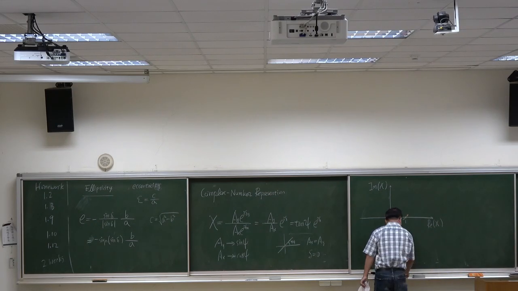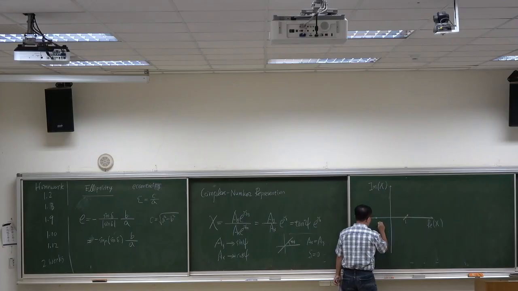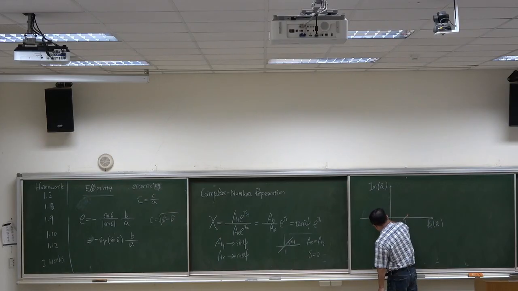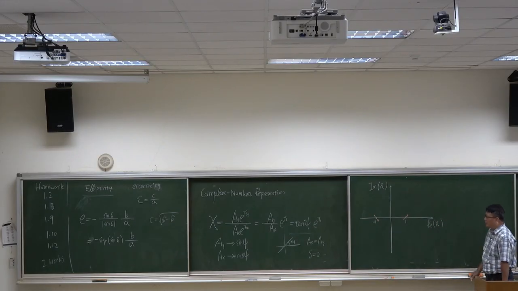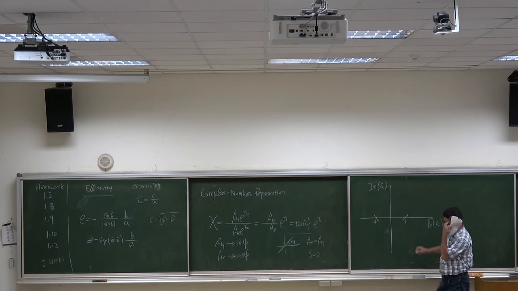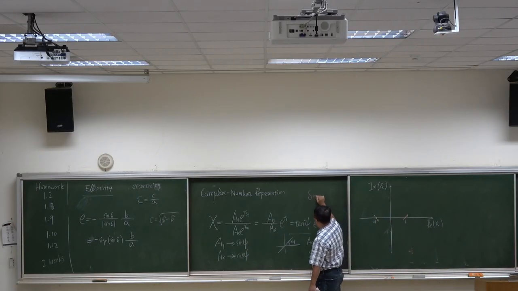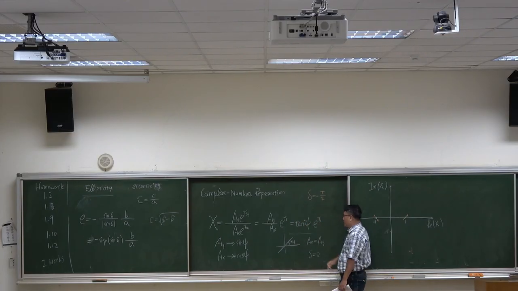If we ask what polarization corresponds to minus 1, then we can see that the result is this. Now, what is the polarization corresponding to minus i? Minus i, this point. Minus i means delta is equal to minus half pi, and AX equals AY.